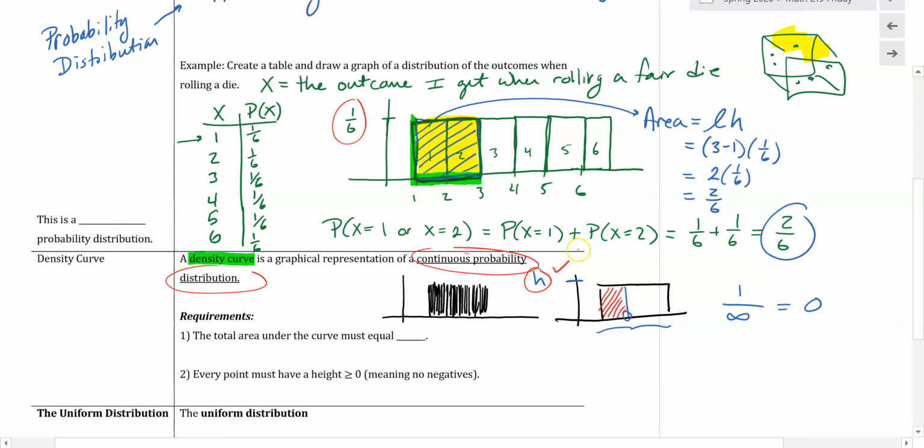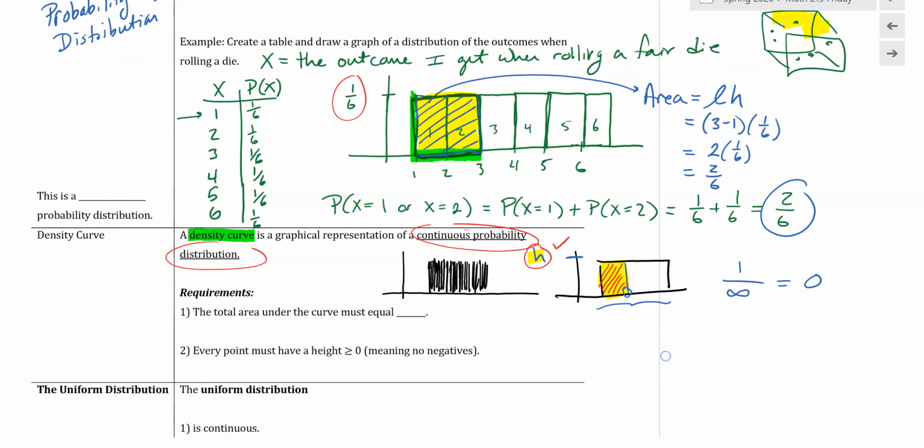I still need to know what that height is because that's going to be used to determine the area of this box. It's length times width, or length times height. But it's no longer itself the probability. The area under the curve is. Okay. I think this will make some sense once we get our hands on some actual examples. So, two things are going to happen.